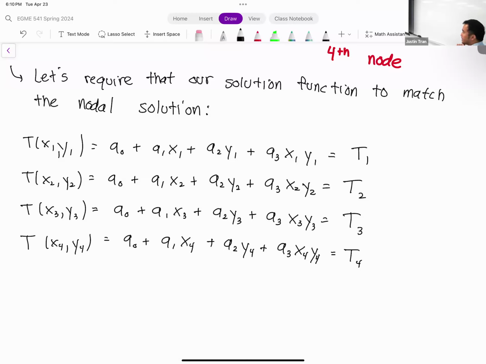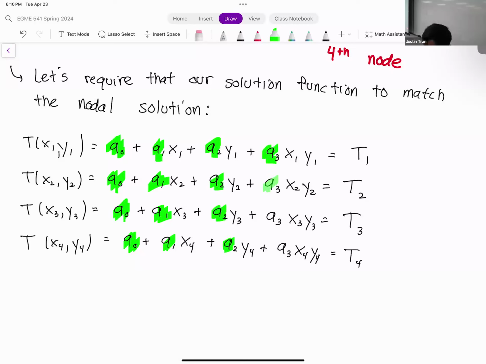So we have a really nasty system of equations, right? And so it's all symbolic, so we don't have any numbers to plug in. But it is a 4x4 system. So you have 4 equations, 4 unknowns. Your unknowns in this case, of course, are the A coefficients. So we have four unknowns in the equation, so we needed four equations to solve them.